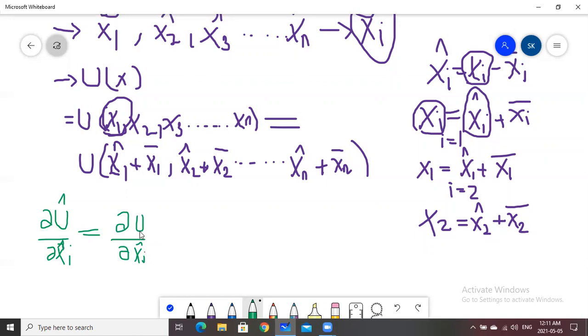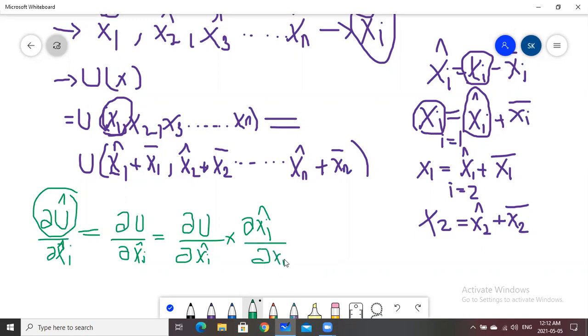It will become curly u upon curly xi hat is equal to, here we have curly u hat divided by curly xi hat, which is equal to curly u upon curly xi hat, and this whole is equal to curly u divided by curly xi hat, multiplied by curly xi hat divided by curly xi.